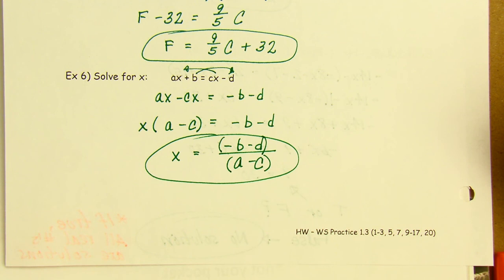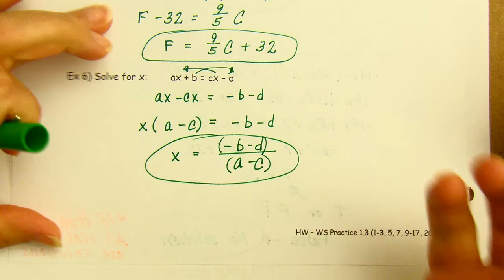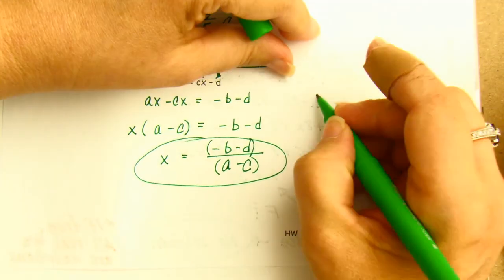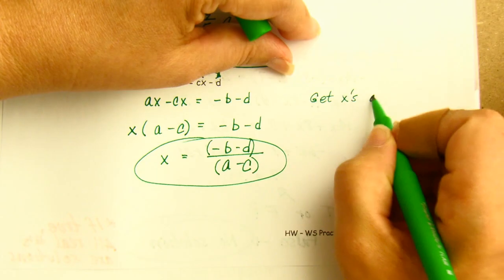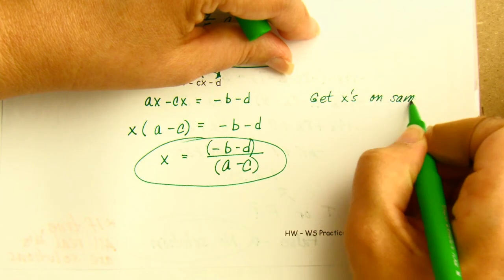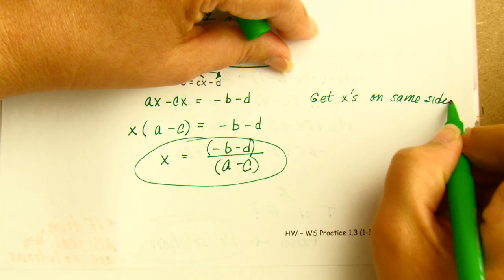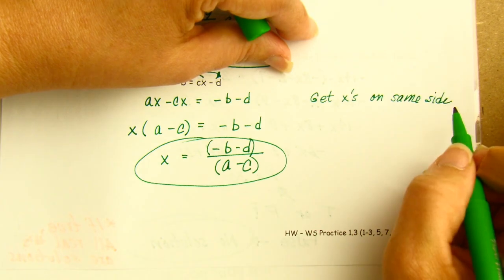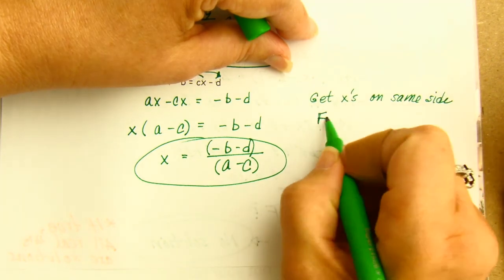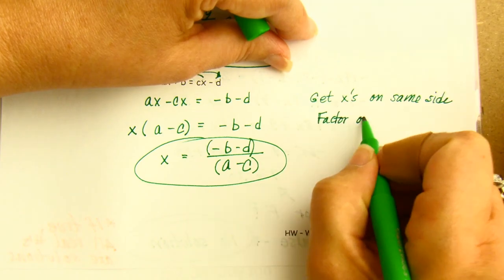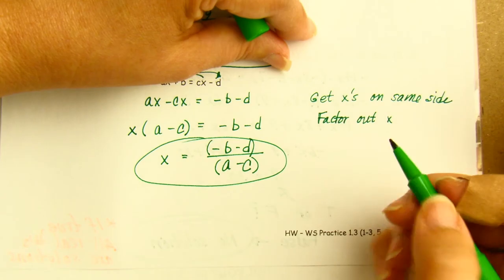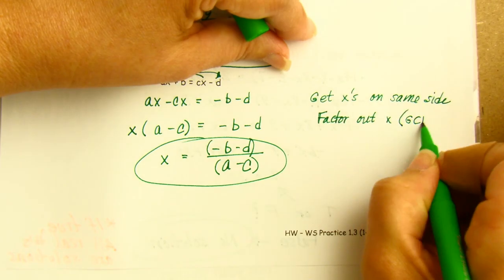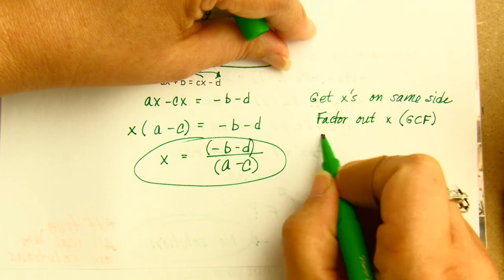So, let me know if you have any questions. We could annotate this a little bit better and say, get x's on the same side, and then factor out the x because it's a GCF, and then you're going to divide quantities.